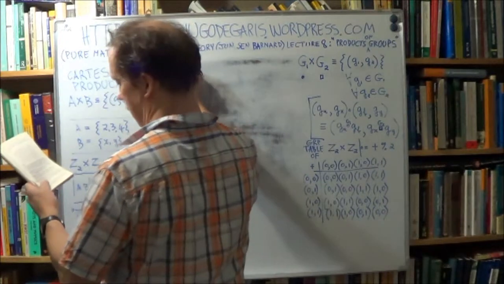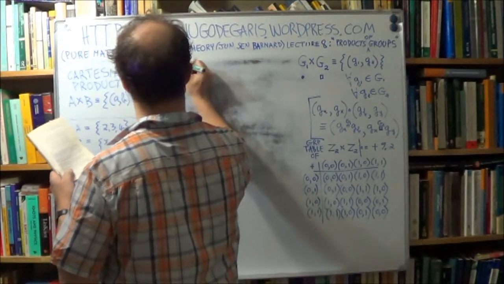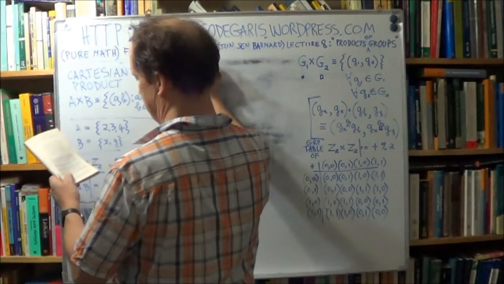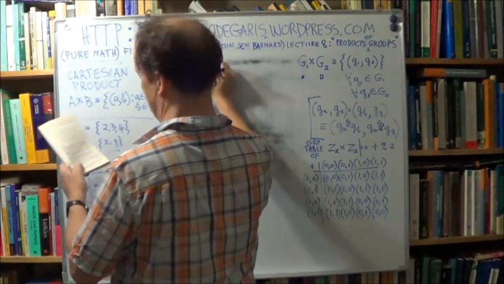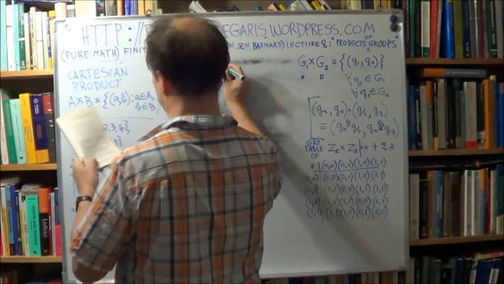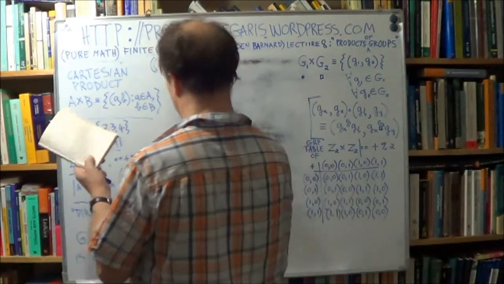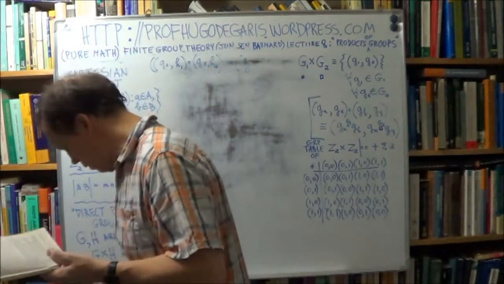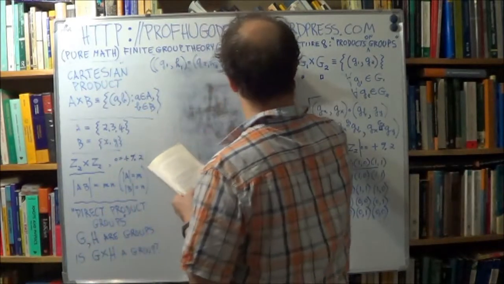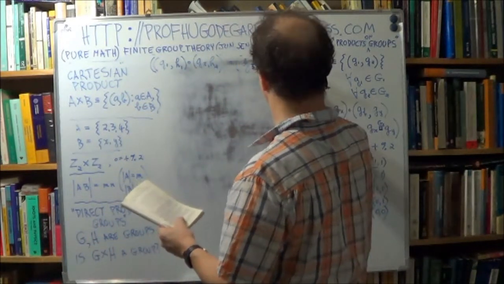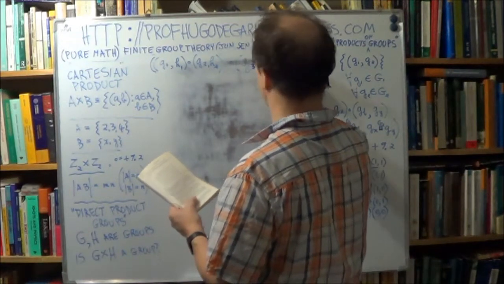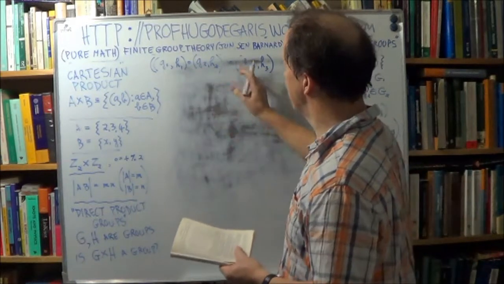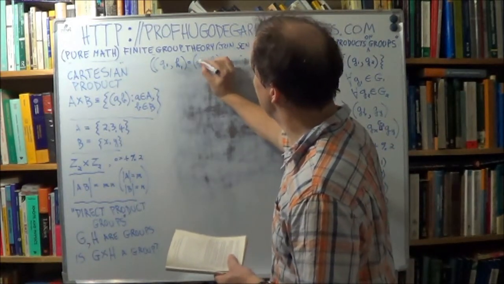G1H1, binary operator, G2H2, binary operator, G3H3. Okay, so we're trying to prove associativity. So we're trying to prove that that is the same thing as if we had this bracket here. Okay?